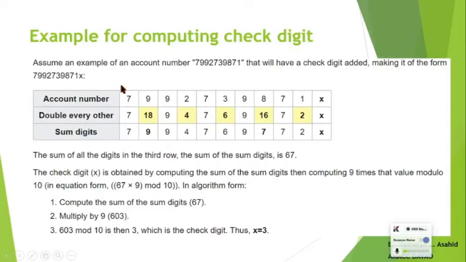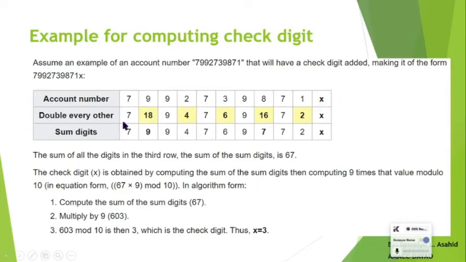Assume an example account number 7992739871, which we'll have to check the digit, making it of the form 799273987 1x. So, yung x yung check digit yung missing. As you can see, 799273987, ang check digit yung last.